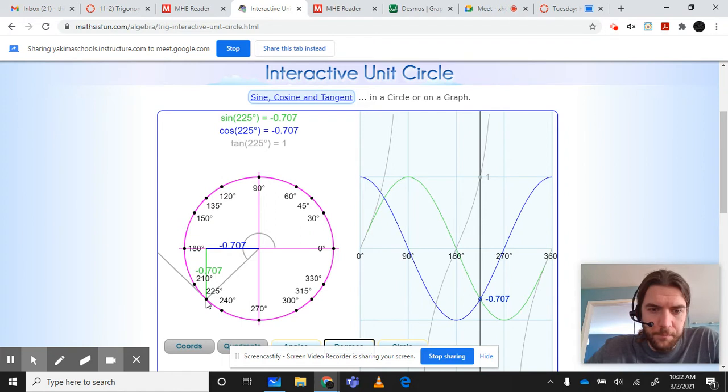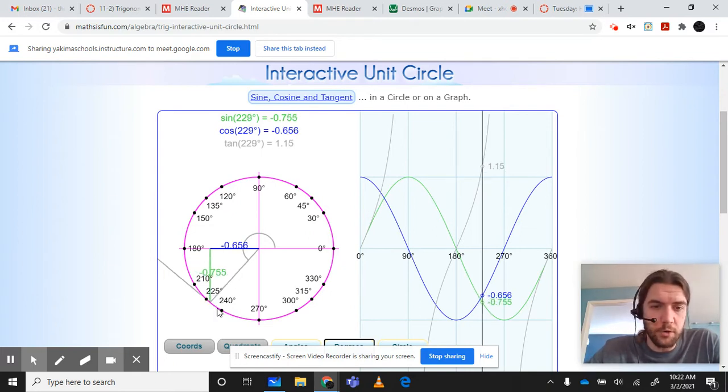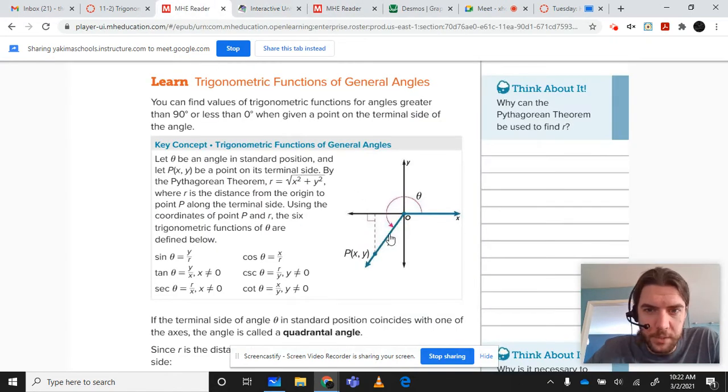So I want to remember that all of the outputs for these trigonometric functions come from using right triangles. So we need to imagine where in this image a right triangle would be. Right here, in this bottom left-hand part. What they're saying is that you can find values of trigonometric functions for angles greater than 90 or less than 0 when given a point on the terminal side of the angle.